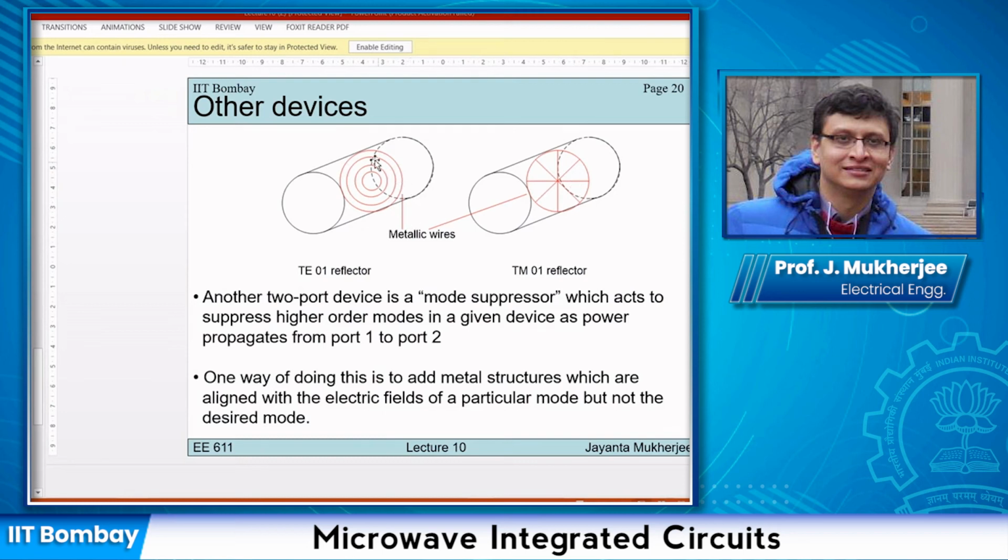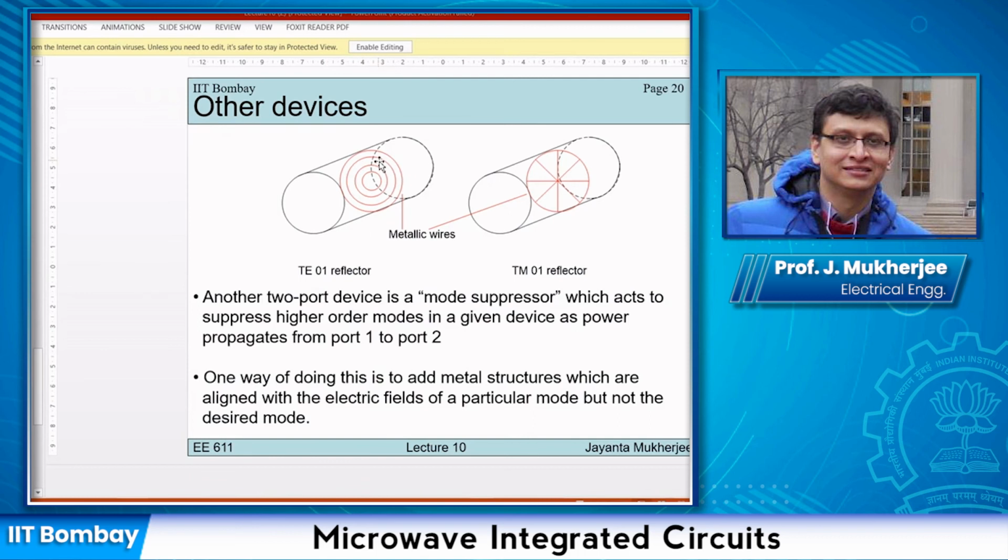Now, when you place concentric metallic wires like this, the tangential component of the electric field vanishes. It can be shown that TE01 modes cannot exist when the tangential component of the electric field vanishes.